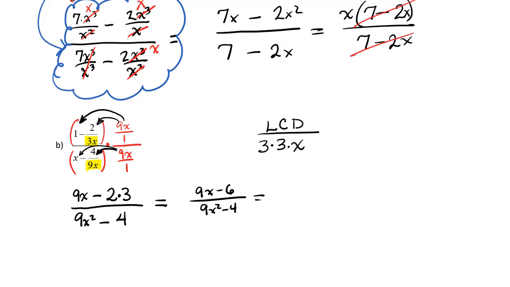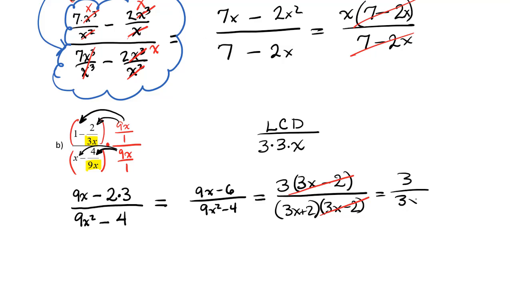I can factor the numerator by factoring out a 3, and I'll be left with a 3x minus 2. In the denominator, this is a difference of squares. So this will factor to 3x plus 2 and 3x minus 2. That's great because now my 3x minus 2 binomials divide out, and my final answer is 3 over 3x plus 2.